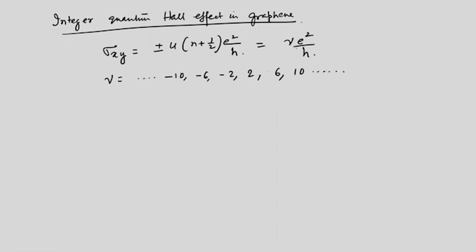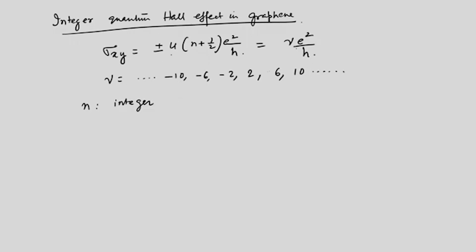Okay. So, these are the quantization of the plateaus, and these plateaus are quantized with these nus. So, n is actually an integer, and these are positive and negative for the electrons and holes.